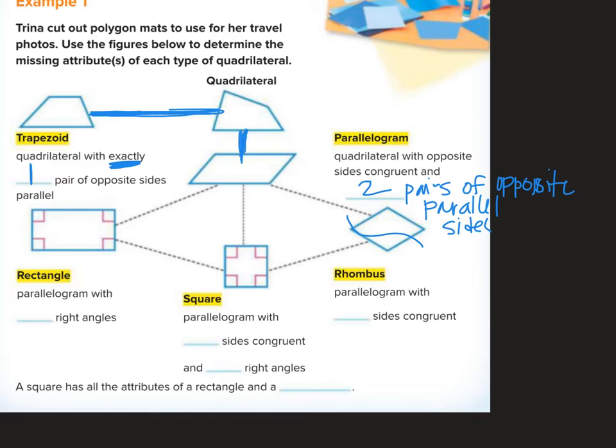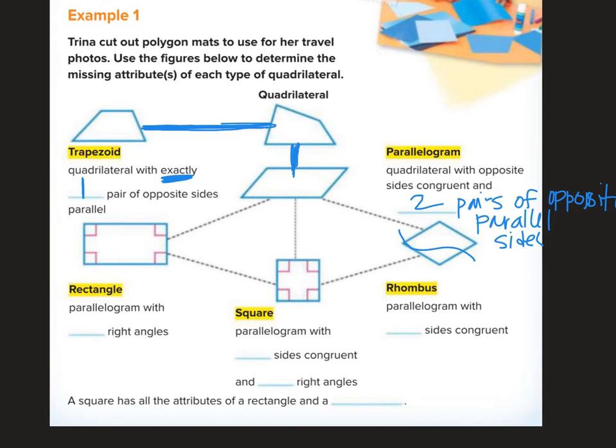Okay. So, ready? We could go to trapezoid that has one set of parallel sides or parallelogram that has two sets of parallel sides. Then we kind of branch off again to our friend the rectangle over here that has four right angles. Or we could branch over here to this rhombus guy that has four sides that are congruent, which means exactly the same.